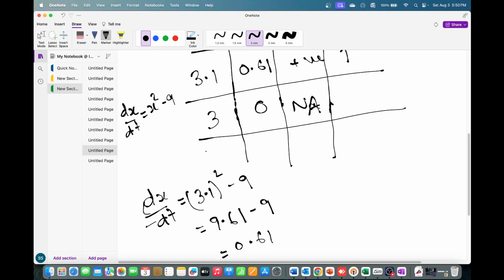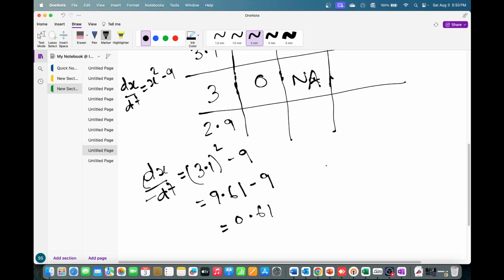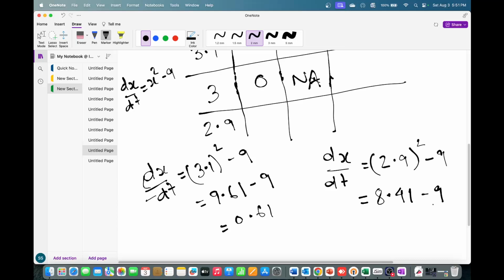Now let's take a slightly lower one, 2.9. Same, dx/dt equals 2.9 squared minus 9. So 2.9 into 2.9 is basically 8.41. 8.41 minus 9 is minus 0.59.